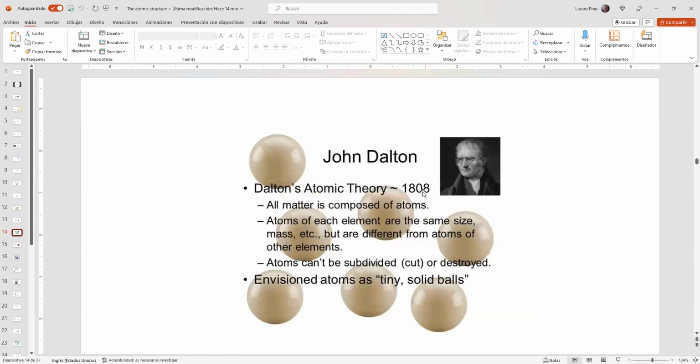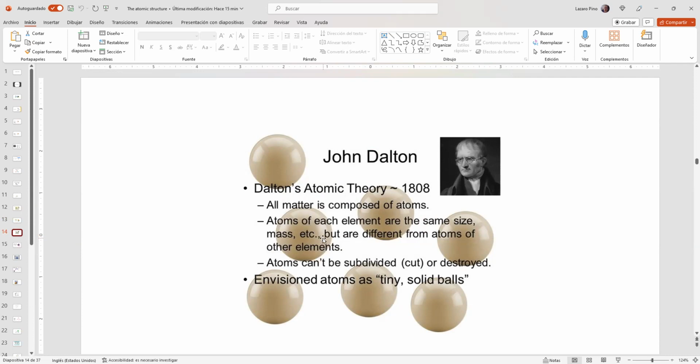It was not until the 19th century when John Dalton explained a new theory about the atom. He said, all matter is composed of atoms. Atoms of each element are the same size, mass, etc., but are different from atoms of other elements.